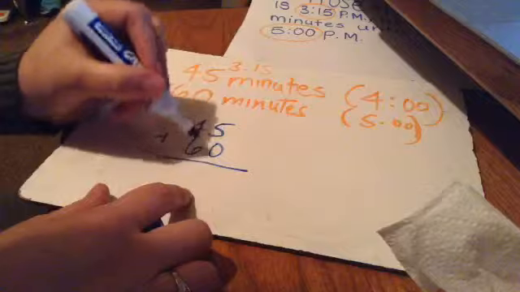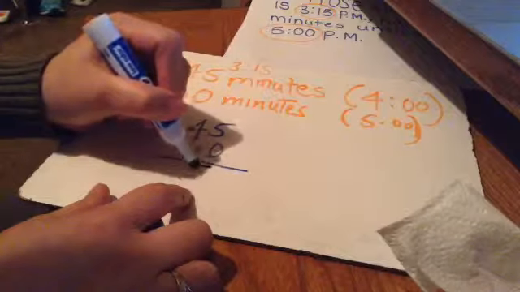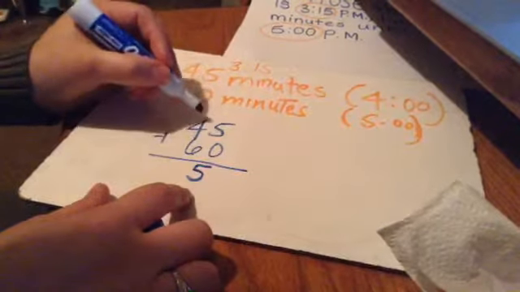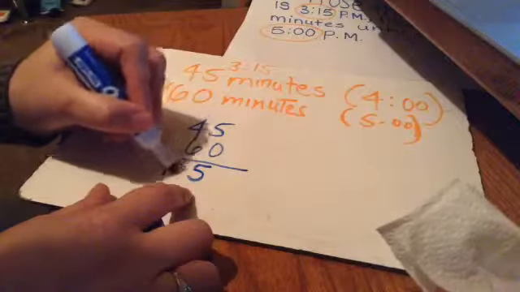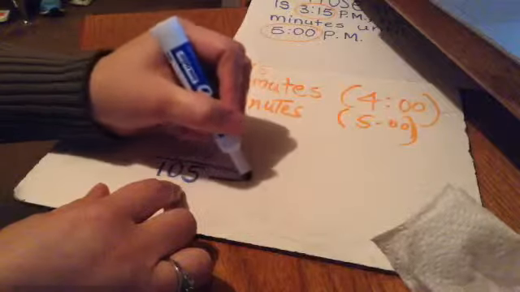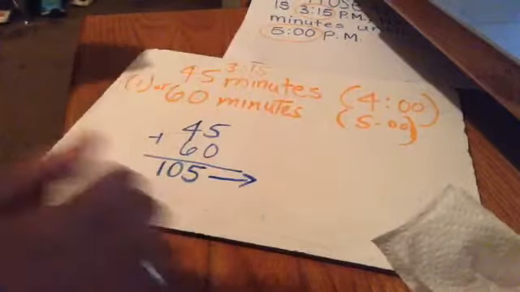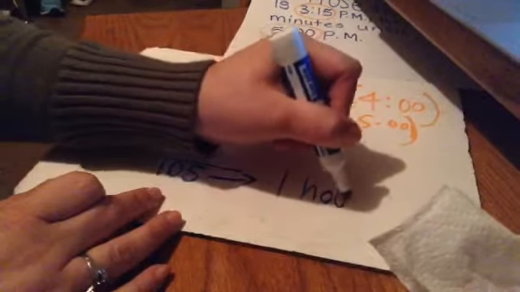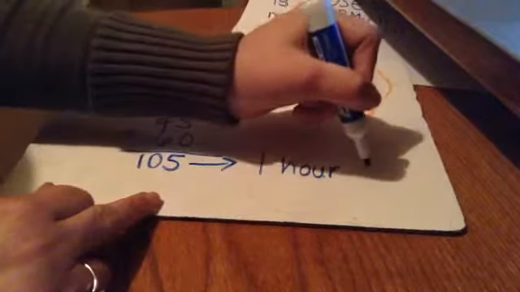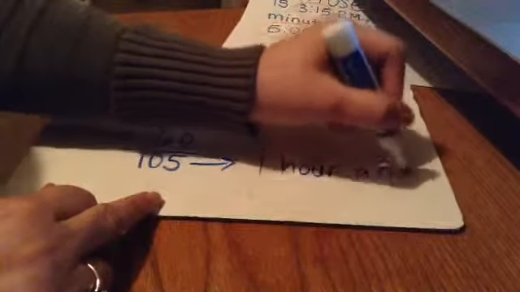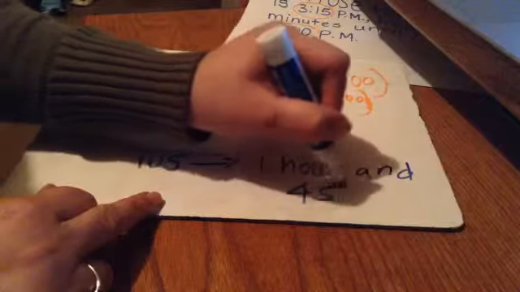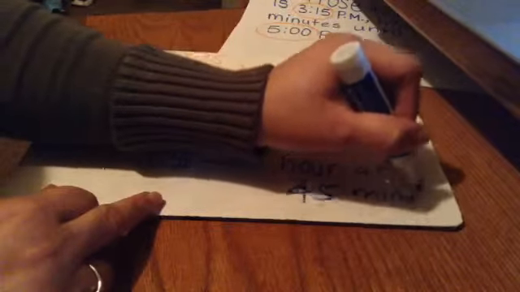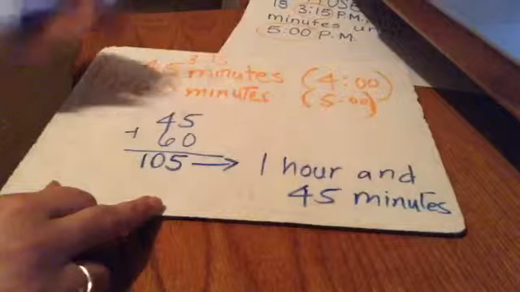And it gets 5 plus 0 is 5, and then 4 plus 6 is 10. So 105 minutes, or 1 hour and 45 minutes. Easy, right?